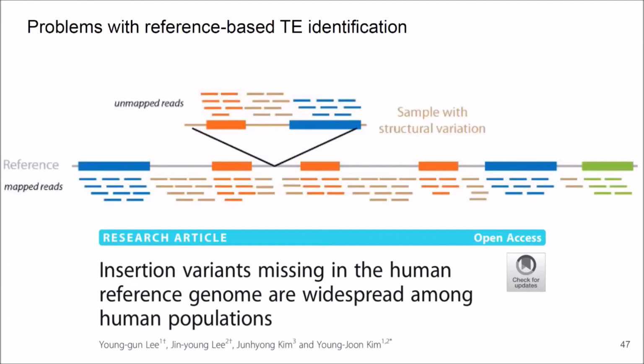If you want to determine the presence or absence of TEs for clinical reasons and you use the reference genome, and the individual has a large structural variation, then even a TE sitting in a unique genomic region cannot be mapped to the reference, because the whole unique genomic region is not present in the reference genome. This is a major problem not only for clinical studies, but also for generally inferring population variation. So how does our approach circumvent this?